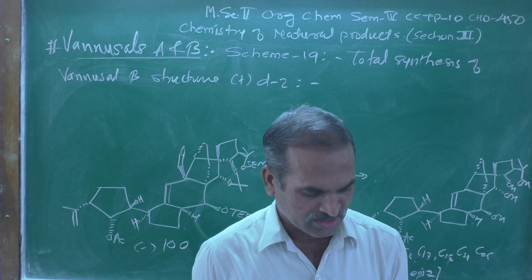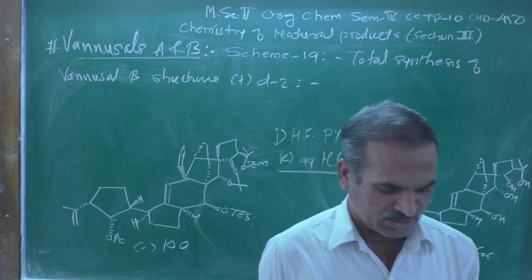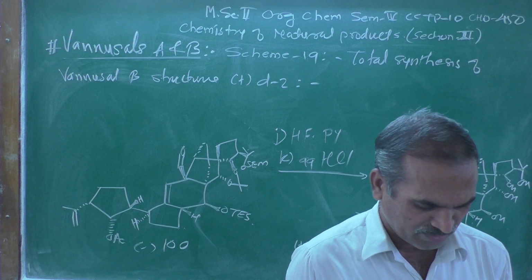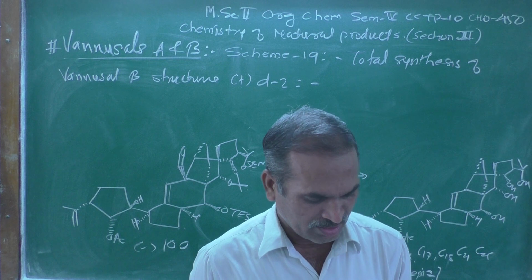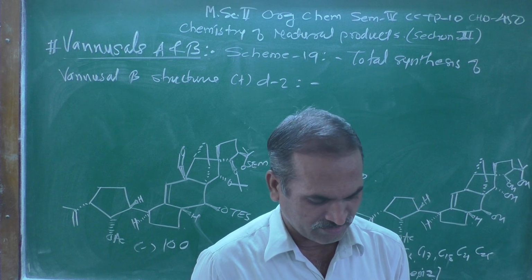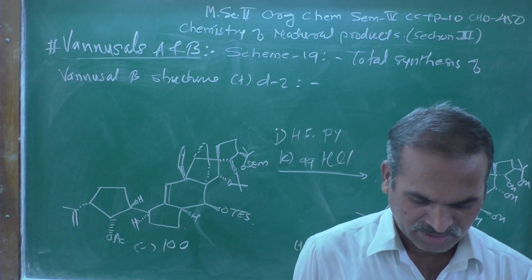Scheme 19 summarizes the pathway to D2 from plus 25, obtained from plus 70 by exposure to TBAF as shown in scheme 13.